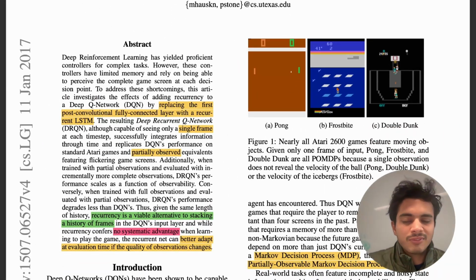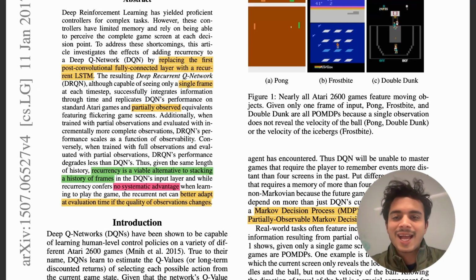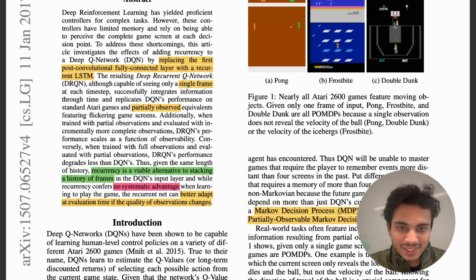But with the introduction of recurrent neural networks, this recurrent LSTM, we could say that it's a viable alternative to stacking a history of the frames, while it also confers no systematic advantage on top of basic DQN. So they also tell that it's not extremely better.